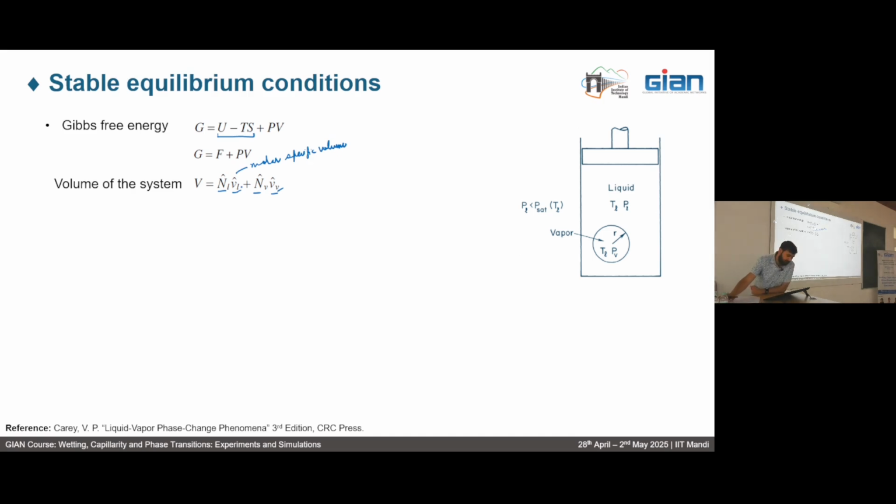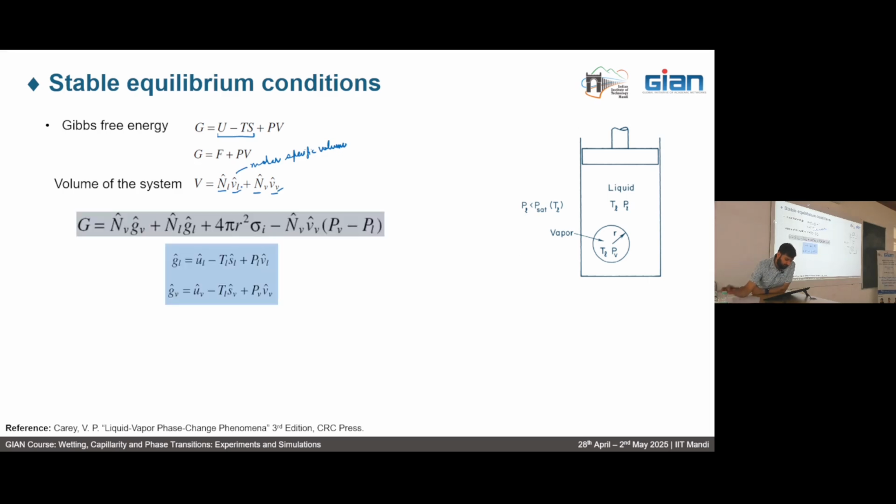Further using this equation, G is equal to NV GV plus NL GL plus 4 pi r square sigma I minus NV VV times (PV minus PL), where GV and GL are the molar specific Gibbs energy for the vapor and liquid phases.